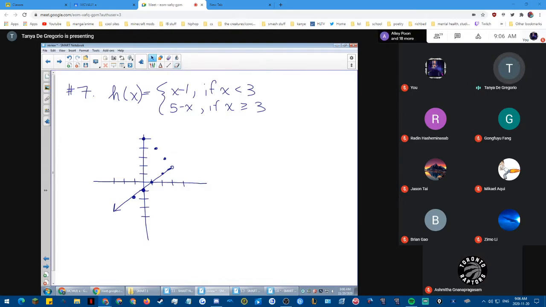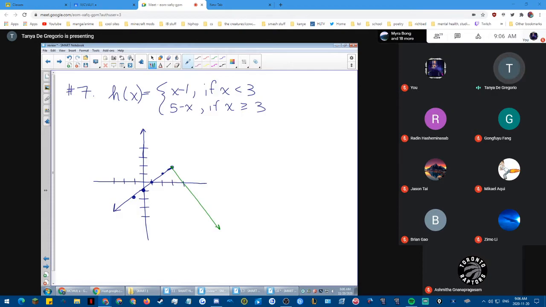I have to do this in a different color for you to understand. Do you guys see how I get my graphs? You understand how I draw them? Then I just erase whatever I don't need. Good. So this is what my graph looks like.